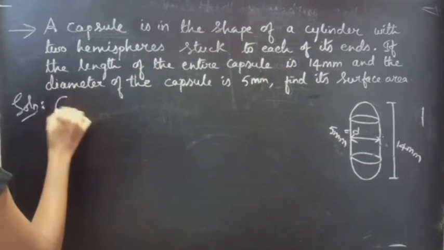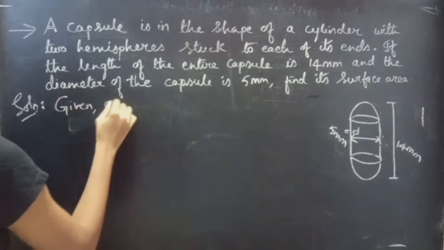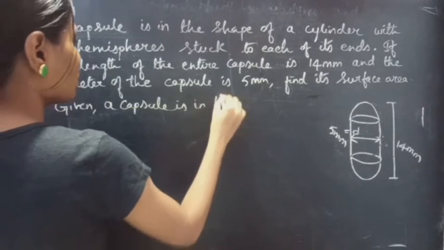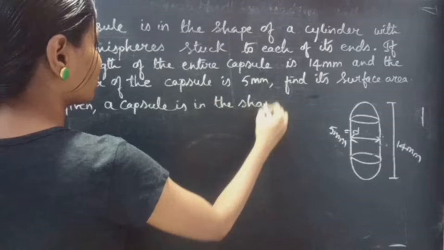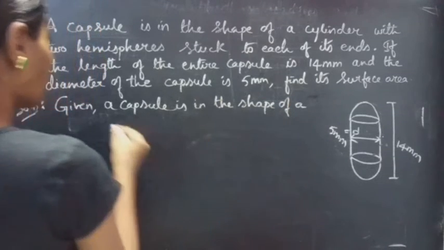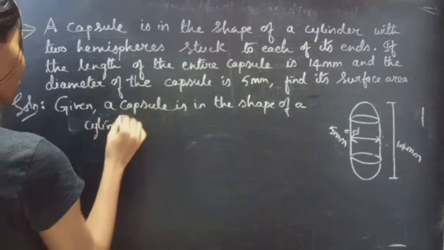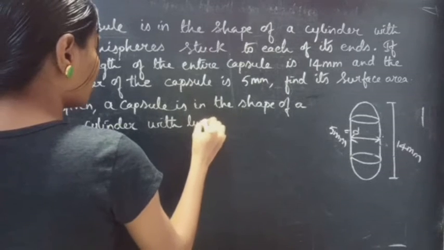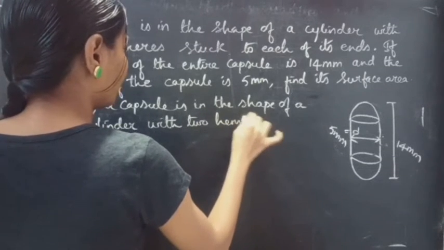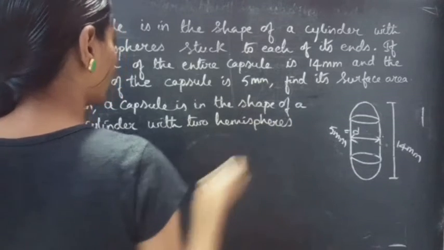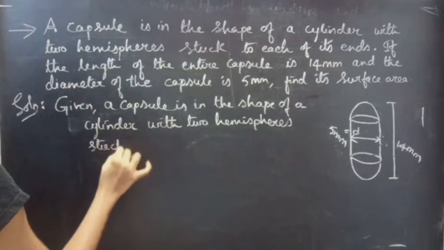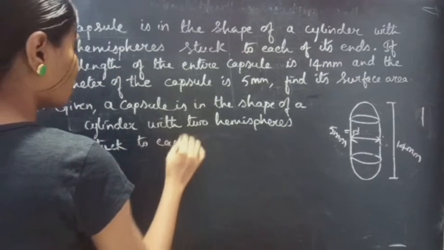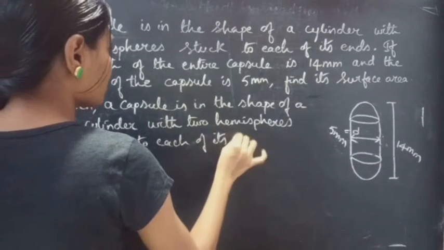Given a capsule is in the shape of a cylinder with two hemispheres stuck to each of its ends.